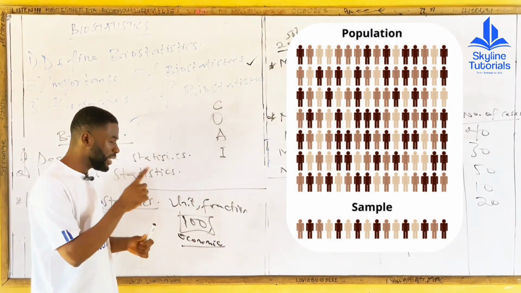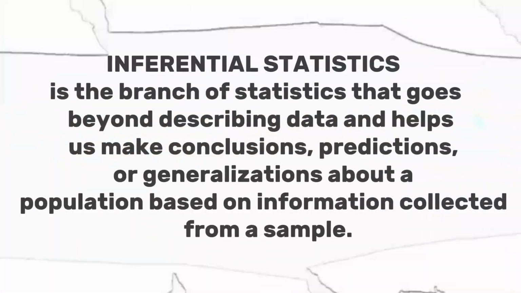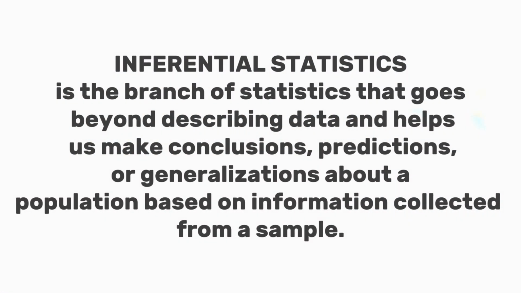I hope that is understood. Let's use that to define inferential statistics. Inferential statistics is simply the use of a sample to make conclusions, predictions, or generalizations about a population.